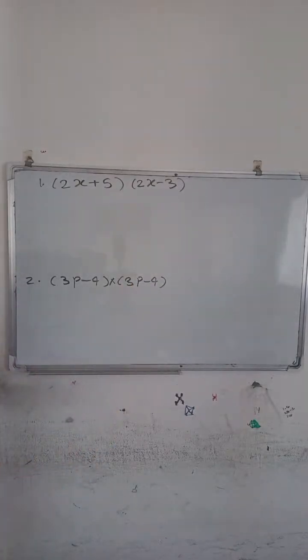These are the two identities we have to solve in one question. The two sub questions are given to find by identity. So can you try these questions? Check which identities can be used here.